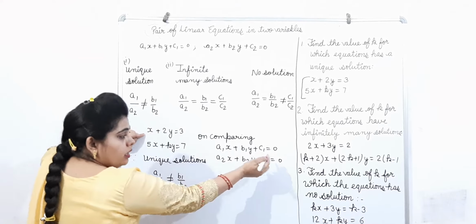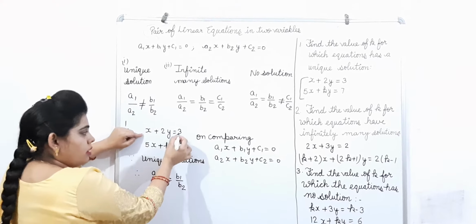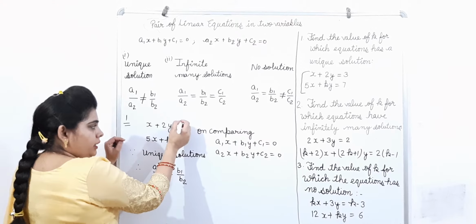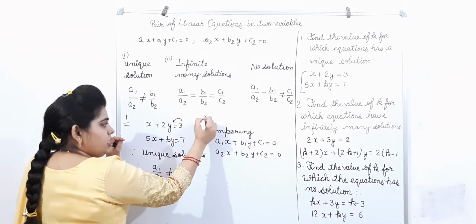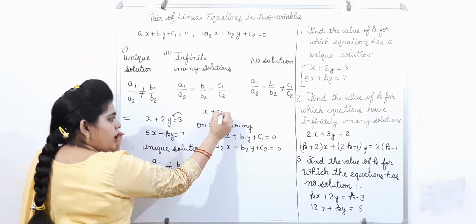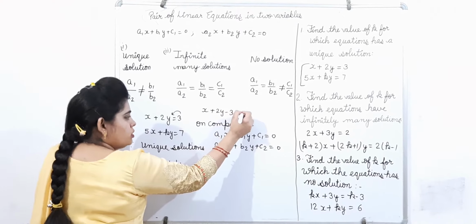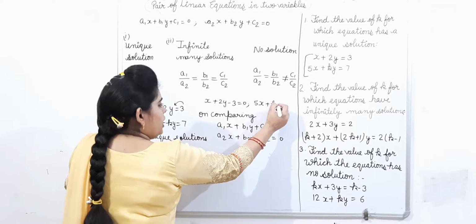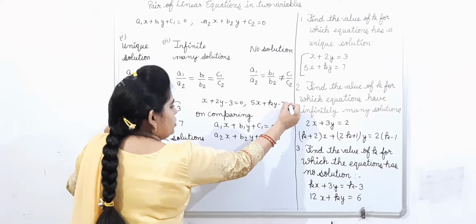Here the equations are equal to a constant, so first of all we bring the constant terms to this side. Then the equations become x plus 2y minus 3 is equal to 0 and 5x plus ky minus 7 is equal to 0.